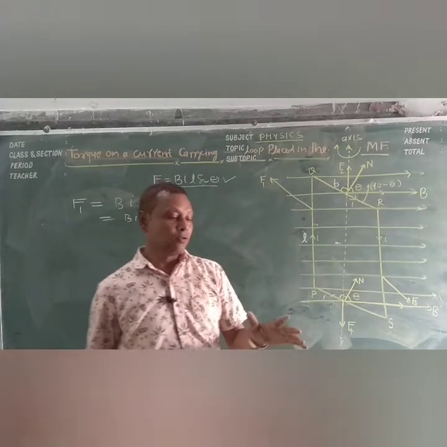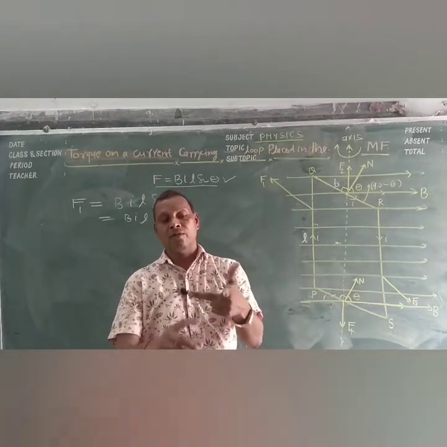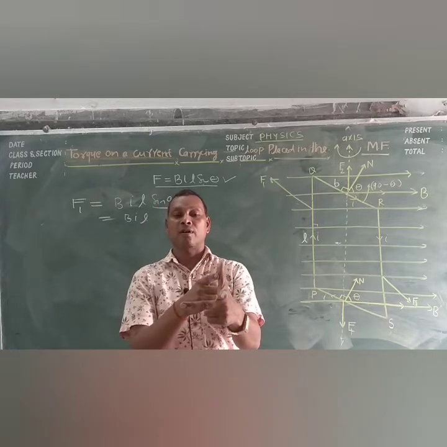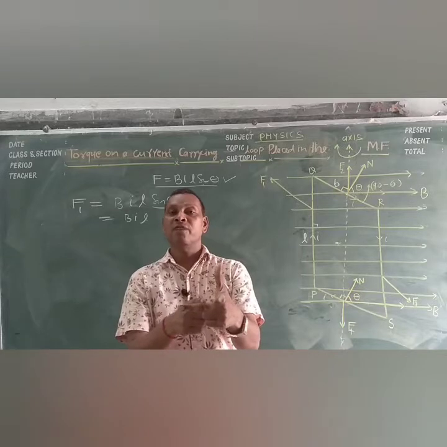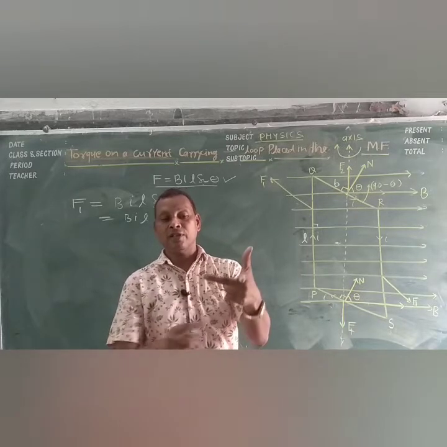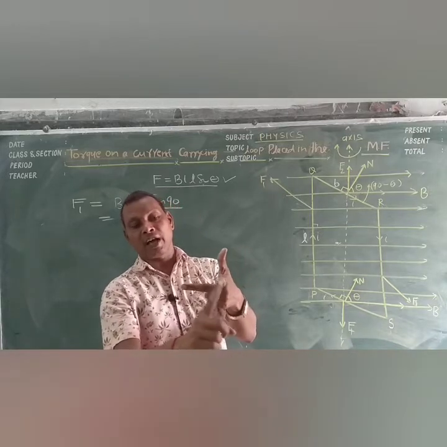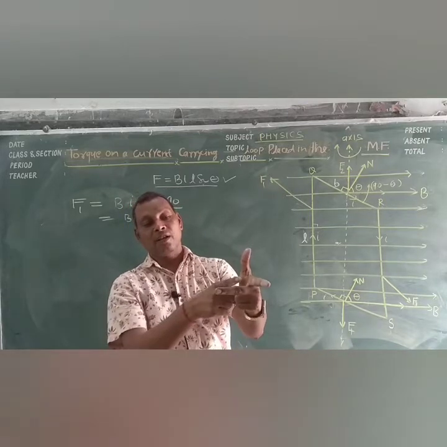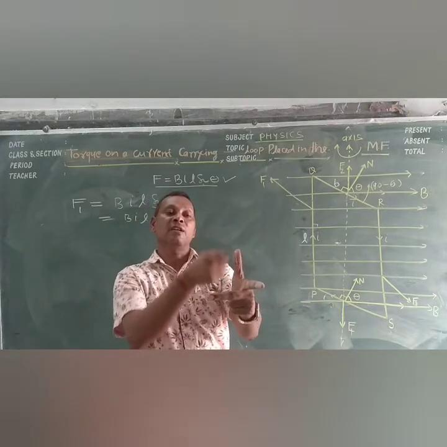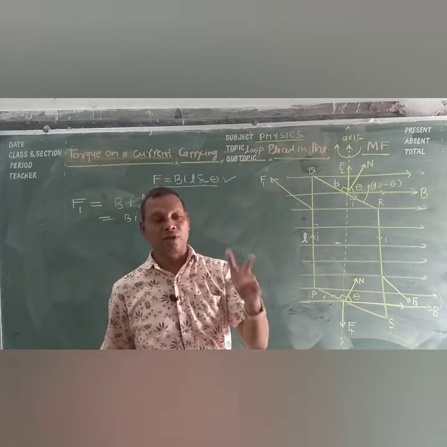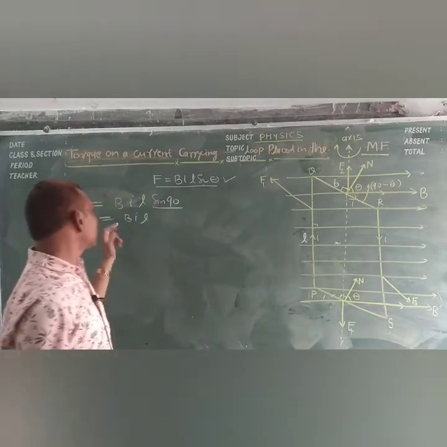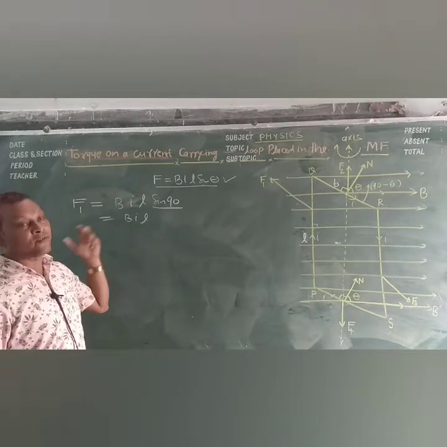According to Fleming's left hand rule, if we stretch our forefinger, middle finger and thumb of the left hand mutually perpendicular to each other, such that the forefinger indicates the direction of magnetic field, the middle finger indicates the direction of current, then the thumb indicates the direction of force.